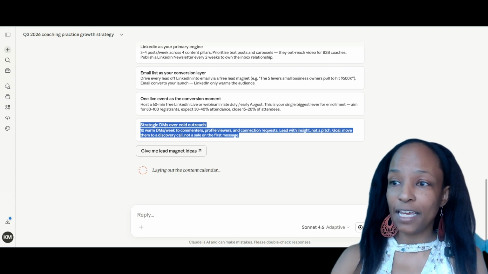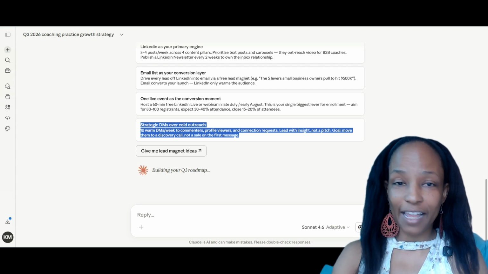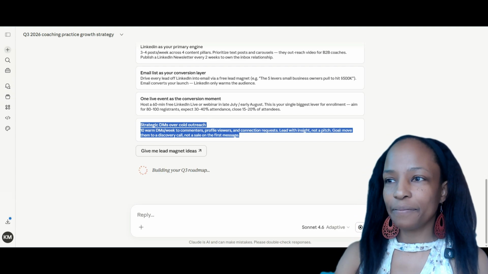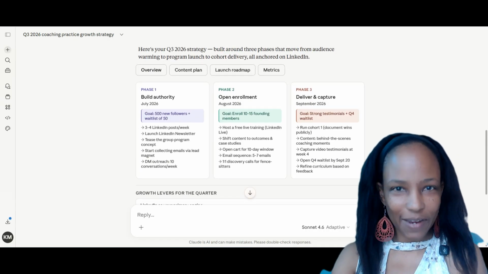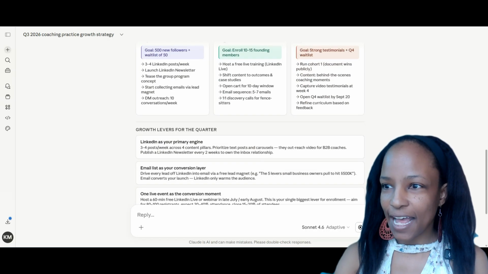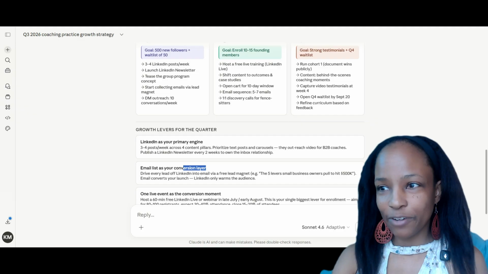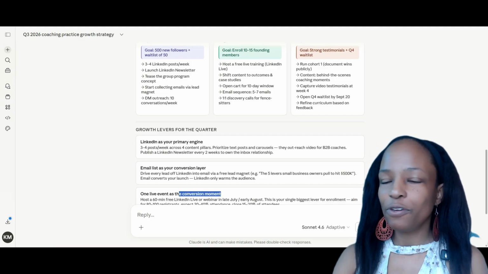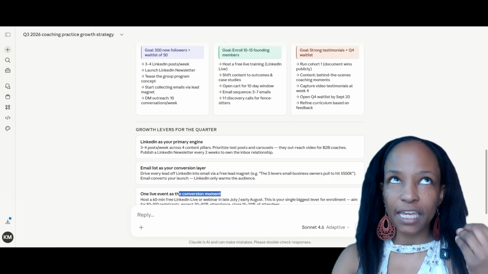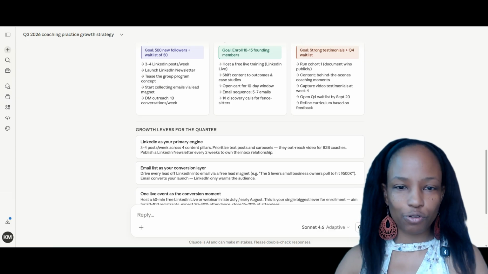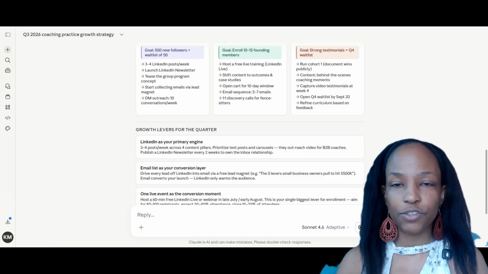But you can see that you can take this at face value and be like, yeah, this is fantastic. But there are a couple of trend slop things in here, such as your conversion layer, conversion moment. If you're not thinking, okay, what are you trying to really do and where are you trying to convert?